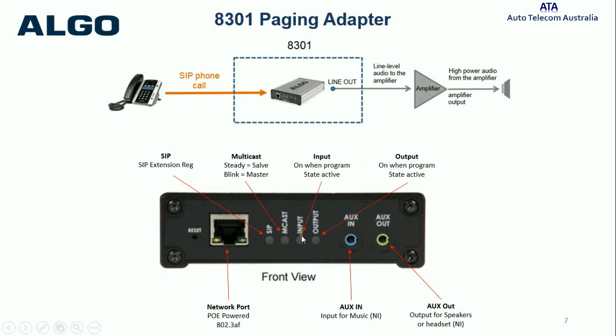The input will be active if we have got an input source programmed to be turned on. For example, here is your aux in. This would be for music on hold.